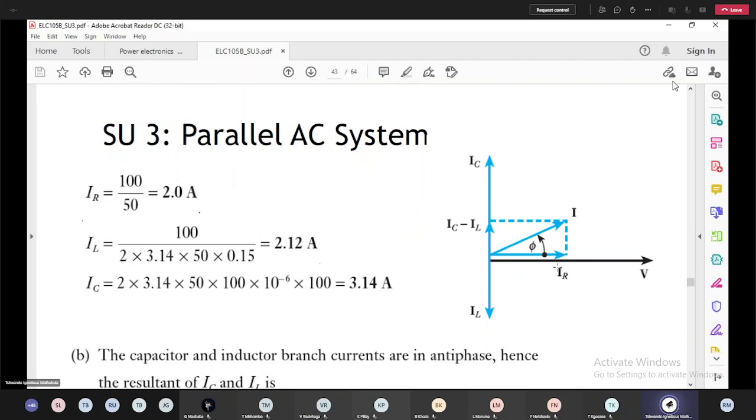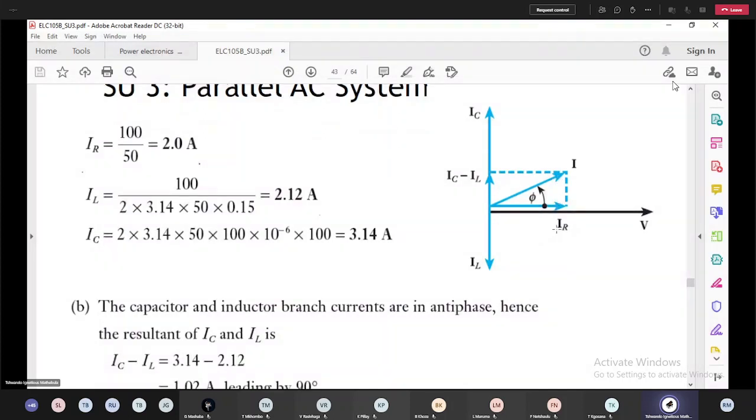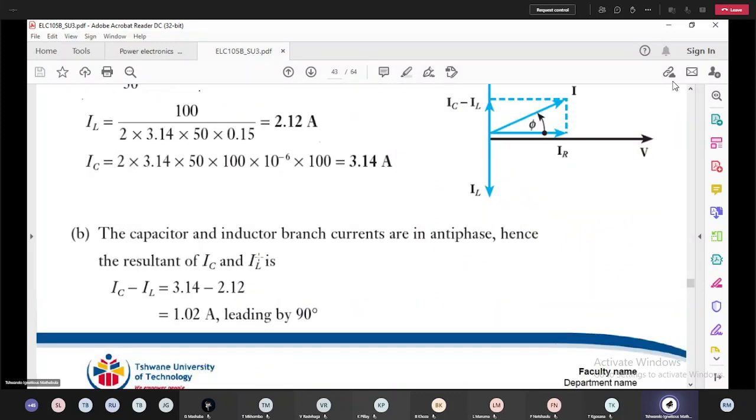The current through the resistor is unaffected because it is at 0 degrees with the voltage of the circuit, so it's not impacted by any of the phase shifts. So obviously then we can see that the resultant current, that is the supply current, would be a leading current somewhere in the first quadrant there.